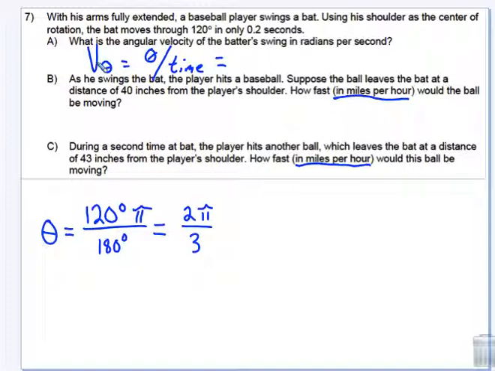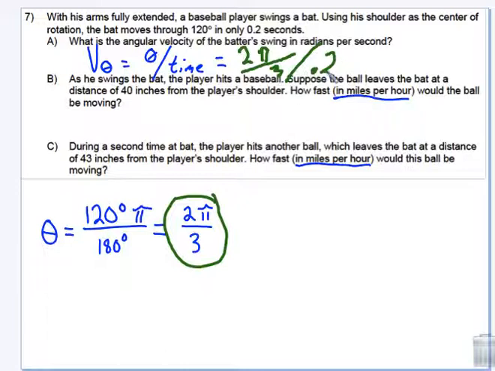They complete this amount of rotation in 0.2 seconds, so we're going to find the angular velocity. We take our angle in radians, 2 pi divided by 3, and divide that by 0.2 seconds. That will tell us our radians per second.